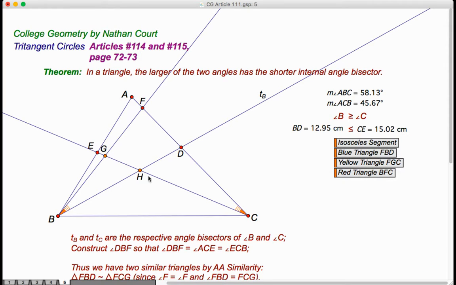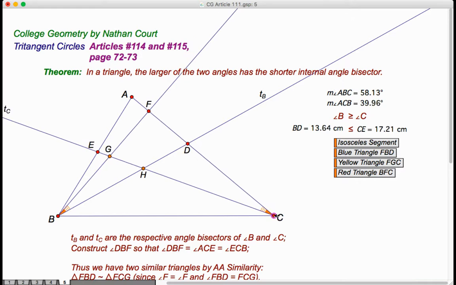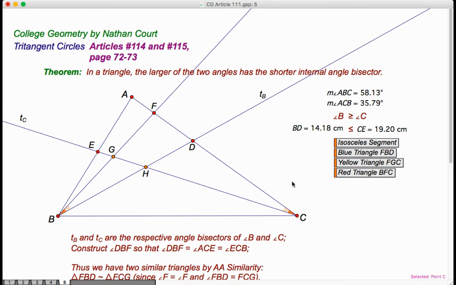Okay, so that's the value of 15.2, and that is 12.95. But I want to exaggerate it. Let's make it like that one.